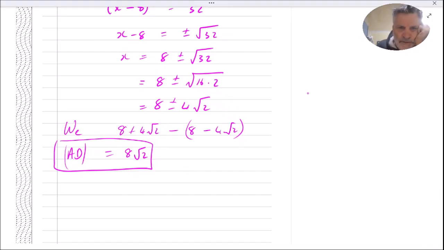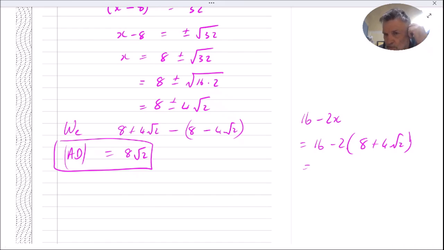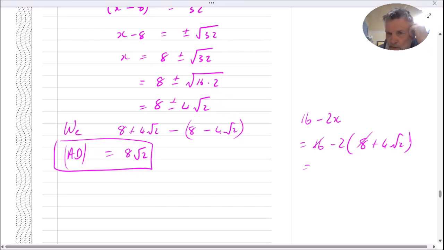Do you get that when you do 16 minus 2x? So 16 minus 2 times 8 plus 4 root 2. 16 minus 16, that cancels.